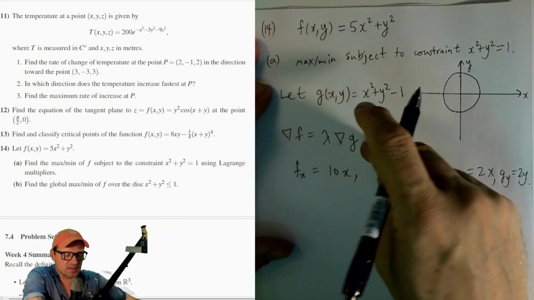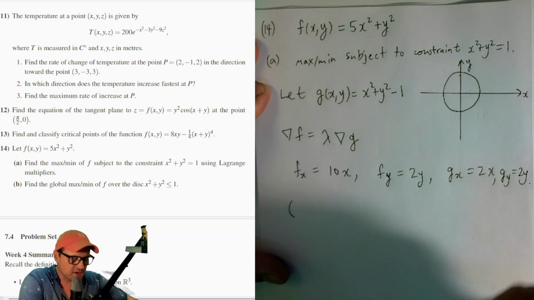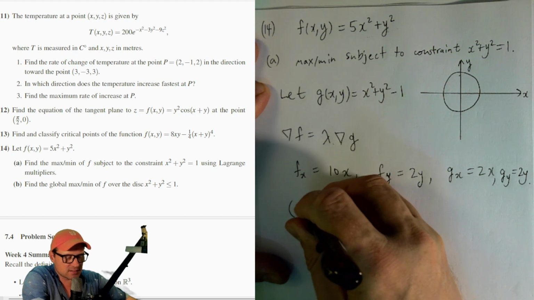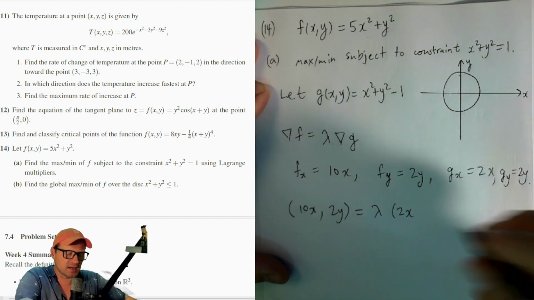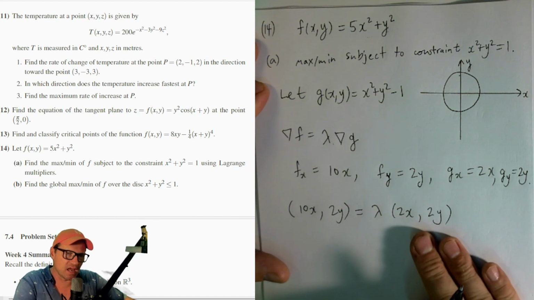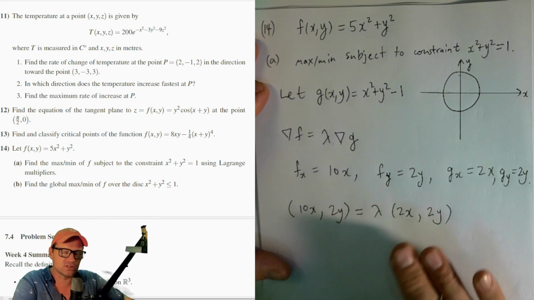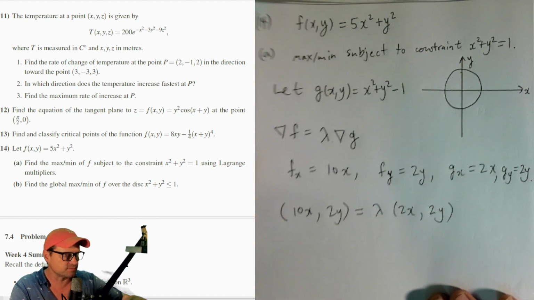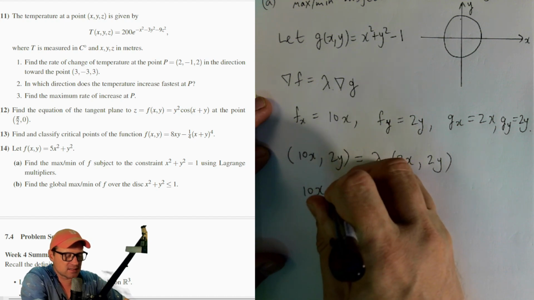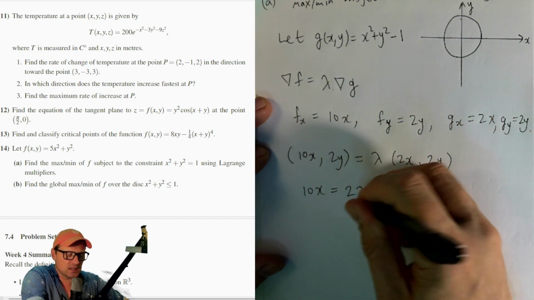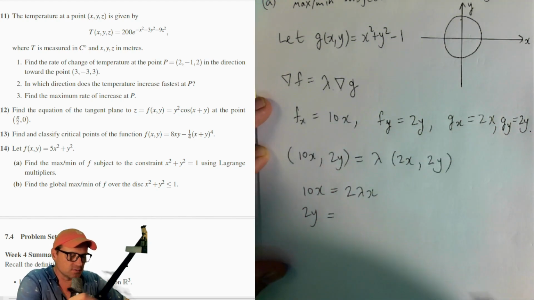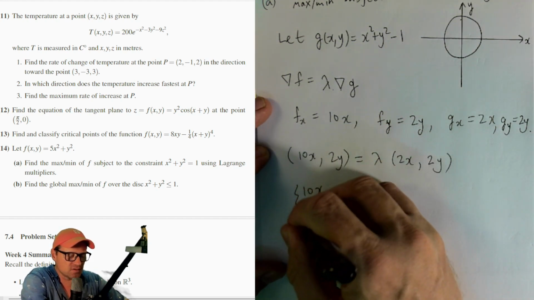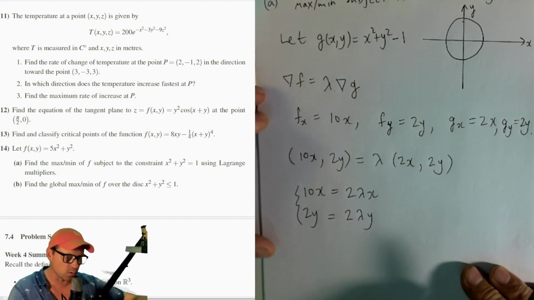All right, so this equation is the vector equation (10x, 2y) equals lambda times (2x, 2y). Expanding this out and forming two scalar equations, we get 10x equals 2 lambda x and 2y equals 2 lambda y. That's a system of simultaneous equations.